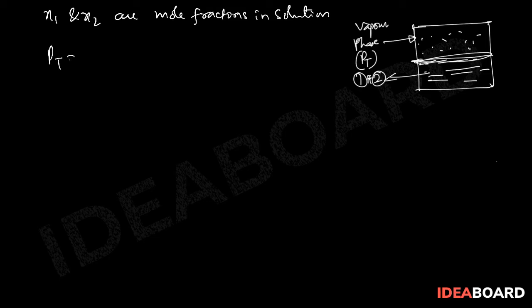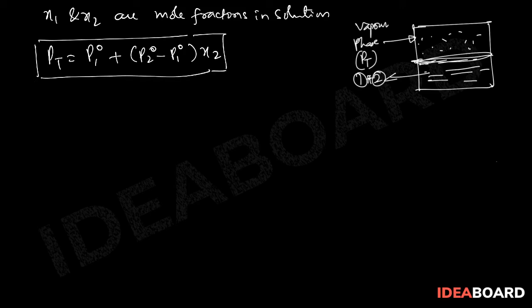In all our calculations, we knew that x1 and x2 are mole fractions in solution. So now we have total vapor pressure as P total is equal to P1 naught plus P2 naught minus P1 naught into x2. This is from Raoult's law.